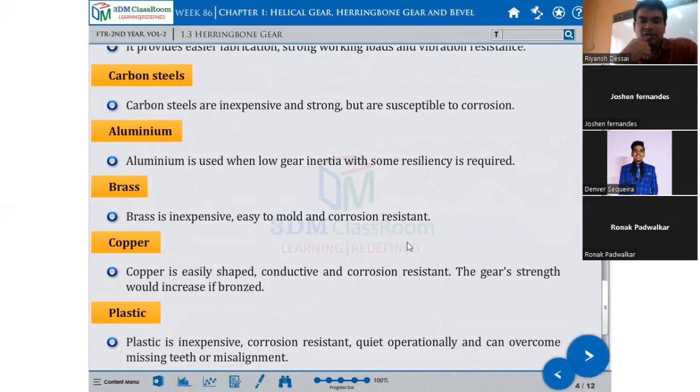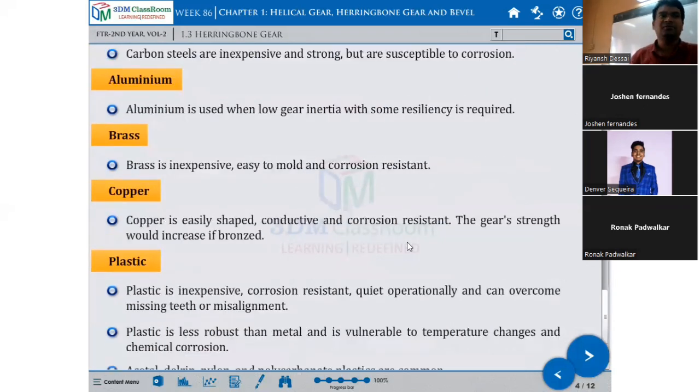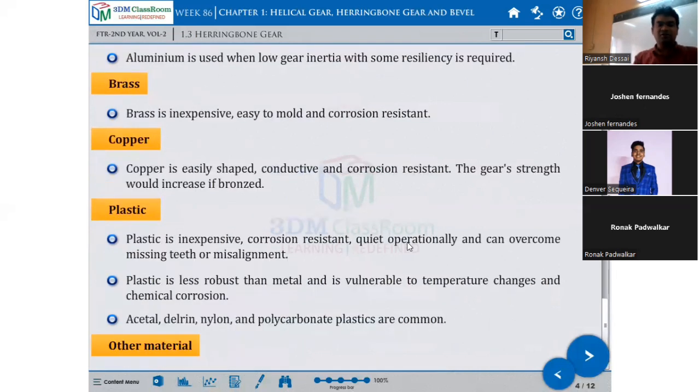The greater the strength, the more it will increase in bronze. Concern about it. Plastic is inexpensive and corrosion resistant, quite operationally, and can overcome missing teeth. So you can accommodate here.